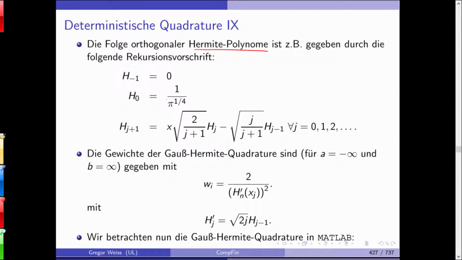For example, for the integral from minus to plus infinity, wi is 2 over hn, first derivative, squared. And here you can see the derivative of hj is square root of 2 times j times hj minus 1.